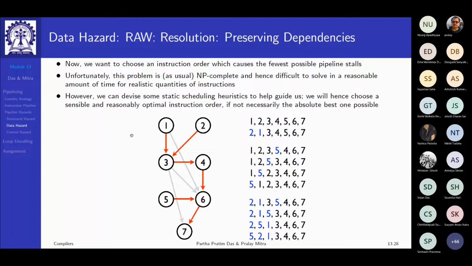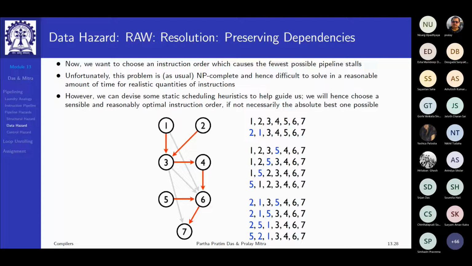So it is possible to start with 1 or with 2. If we start with 1, we do 1, 2, remove them, and we have the possibility of 3 and 5 to proceed with, and so on. In fact, at the beginning itself, I can start with 5. So there are different topological sorting orders that will be possible on the given DAG.